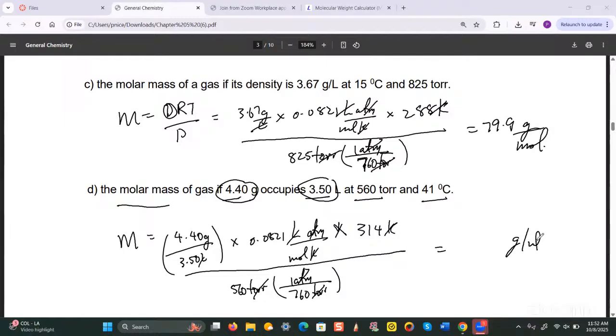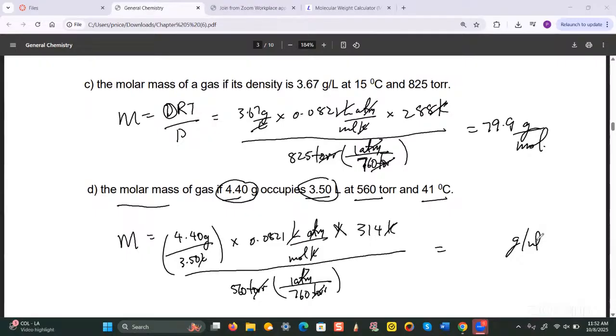So it's a matter of just doing the number crunching. 4.40 divided by 3.50 times 0.0821 times 314, and then I'm going to divide by 560 divided by 760.